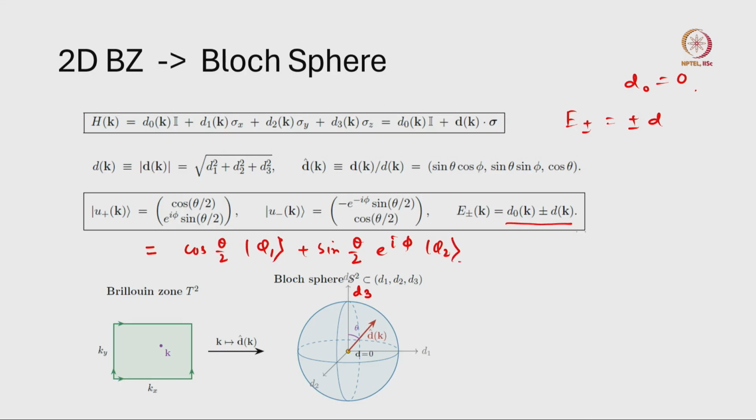So, these are the eigenvectors, and if you take any point it denoted by, say, an eigenvector will lie here. So, if u plus lie here on the Bloch sphere, it is pretty easy to show that the E minus will lie at the antipodal point, the opposite.